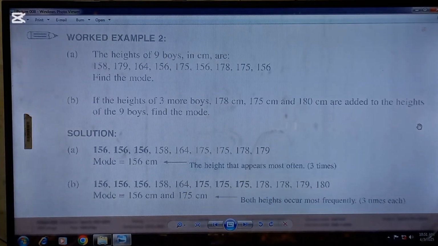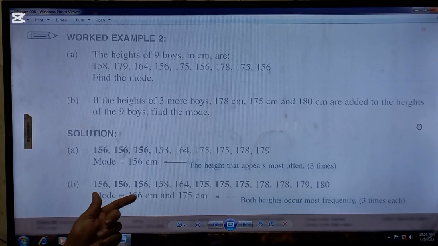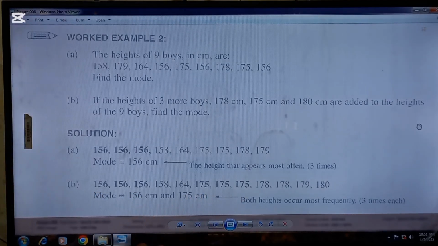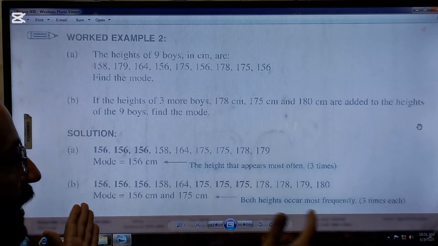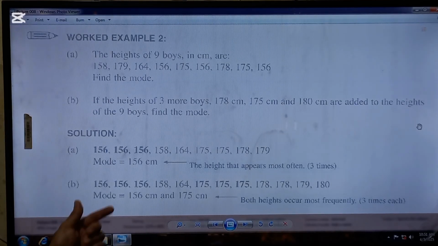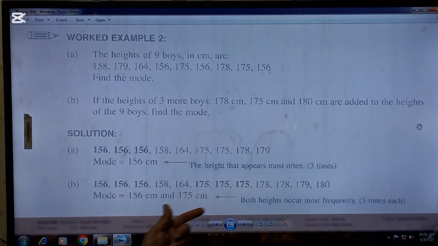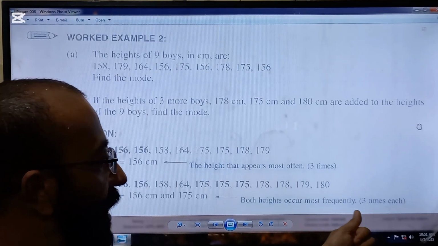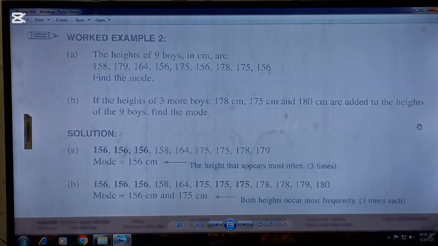After arranging the data in ascending order, we can look clearly. 156 and 175 are coming 3 times each, which is more than the other values. So both 156 and 175 will be the mode. So mode is 156 centimeters and 175 centimeters. Both heights occur most frequently, that is 3 times each.